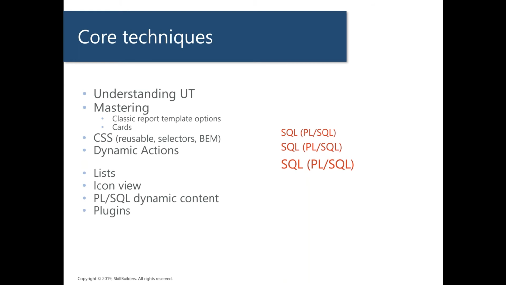Pretty much dynamic actions would be the next one in my list, and together with lists, icon views, PL/SQL dynamic content, and the plugins, we get the tools to create modern and responsive applications. And once you become familiar and master these techniques and features of Universal Theme, pretty much you're good to go.